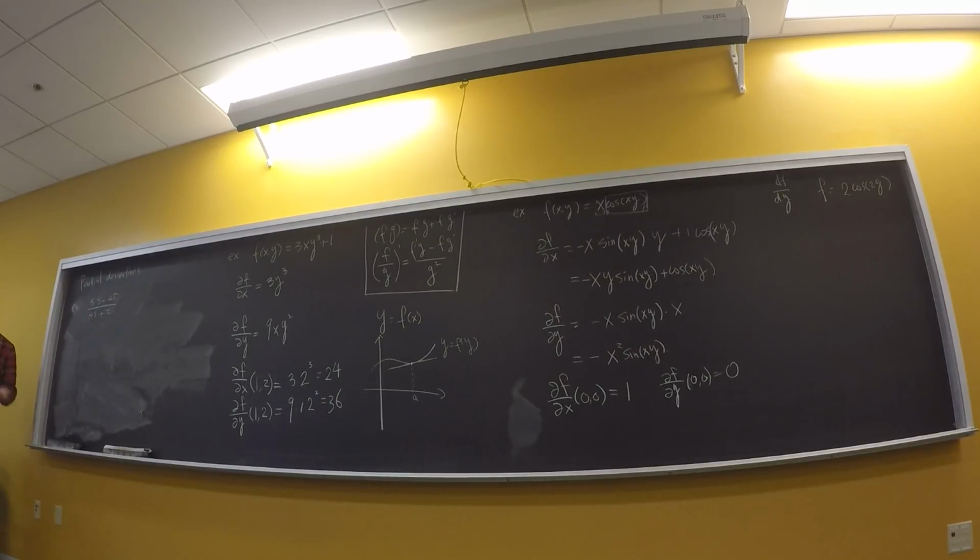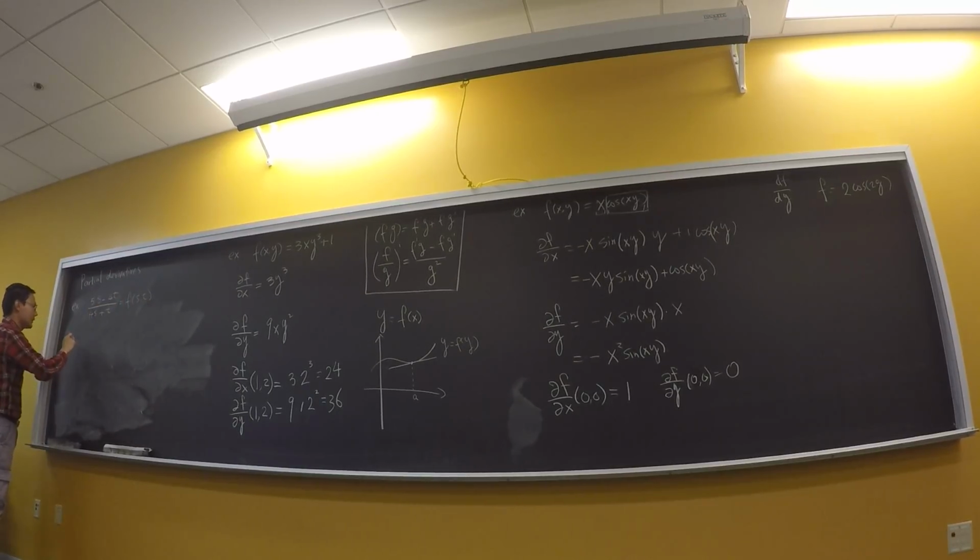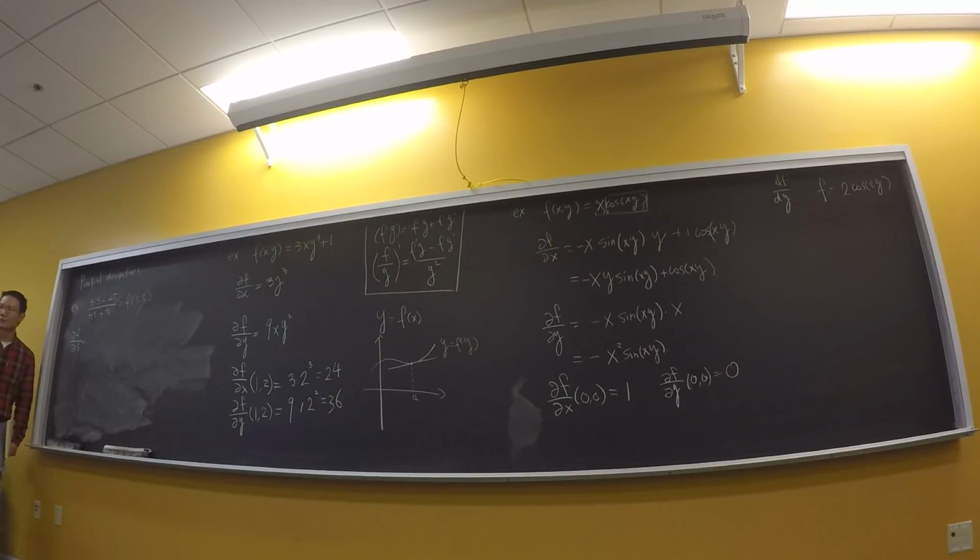You can choose whatever letter you want. You can use S, T, W, X, Y, Z, A, B, C, whatever you want to use. So this is a function involving s and t. So I want to take the partial derivative with respect to s. This is only a review or an application of single variable calculus in the two variable case.